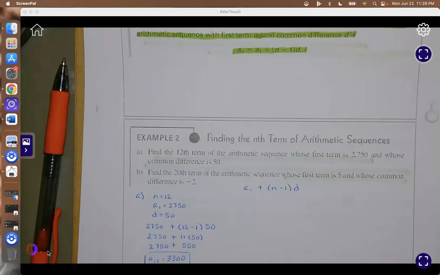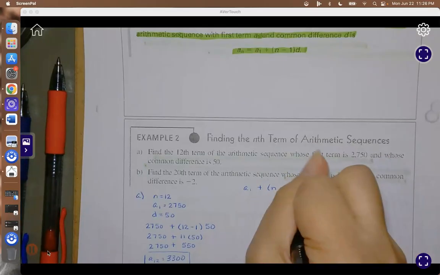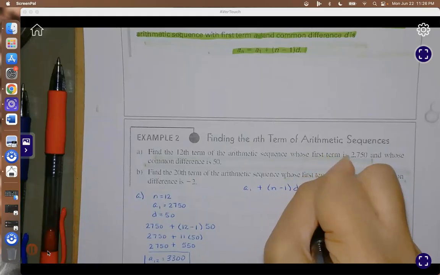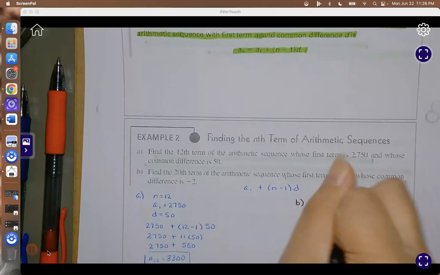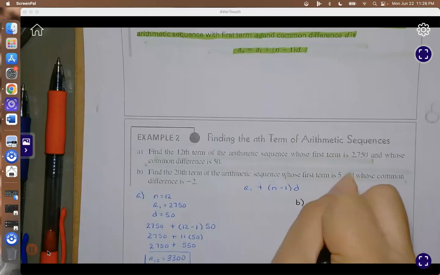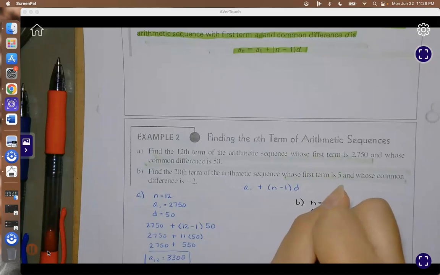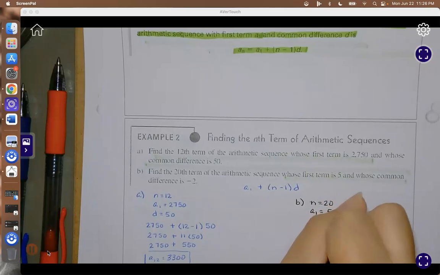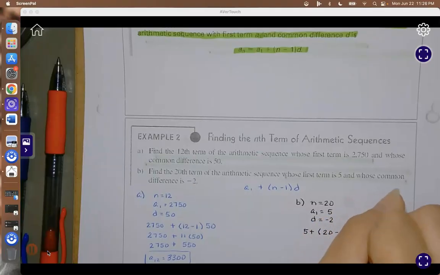Alright, let's do another. Find the 20th term, so n is 20, of the arithmetic sequence whose first term is 5, and whose common difference is negative 2. So a sub 1 is 5. 5 plus the 20th term minus 1 times negative 2.